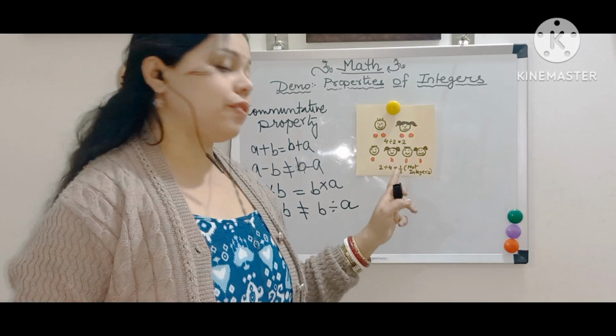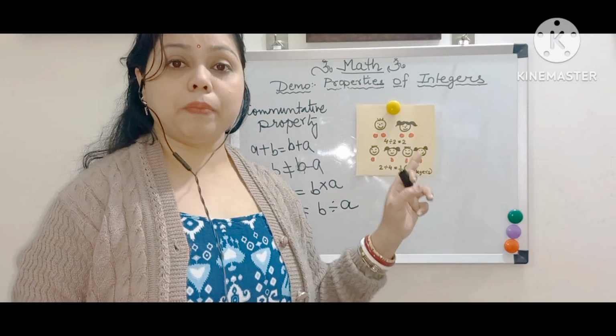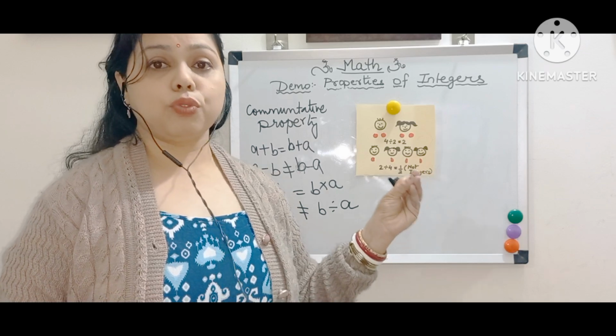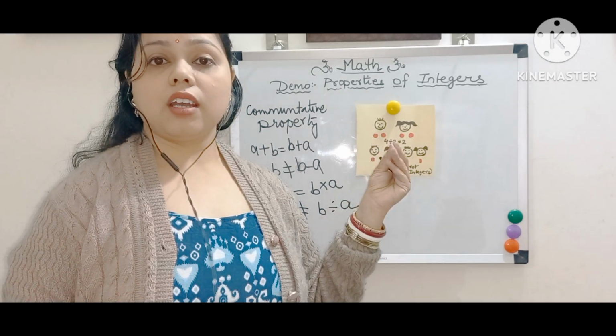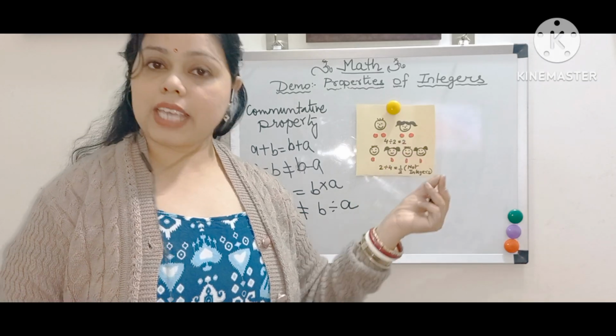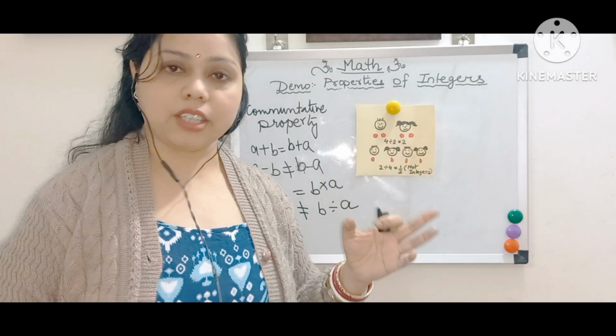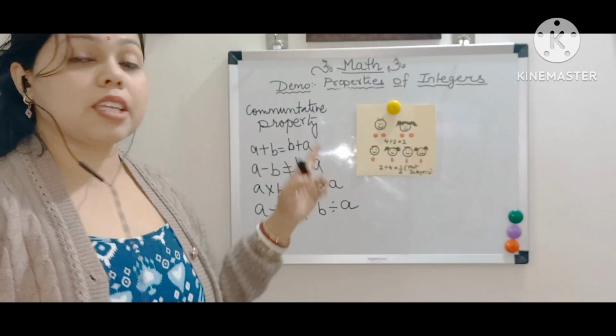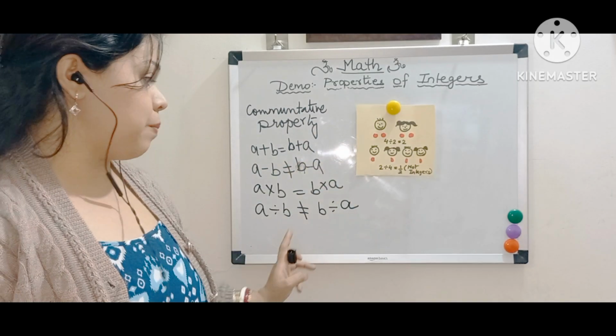If I get any number like -4 or -5 or 5 or 6, that is an integer, and for commutativity it is important to get the same result.